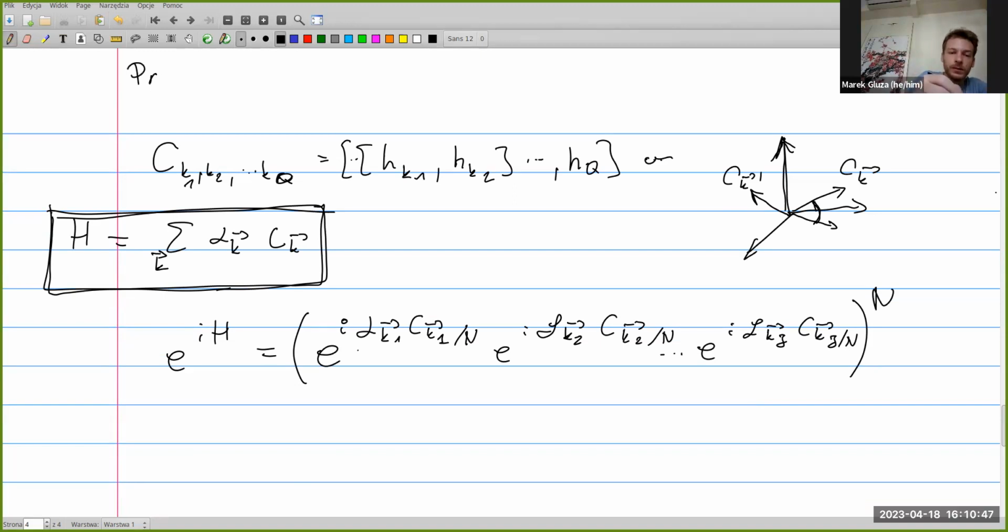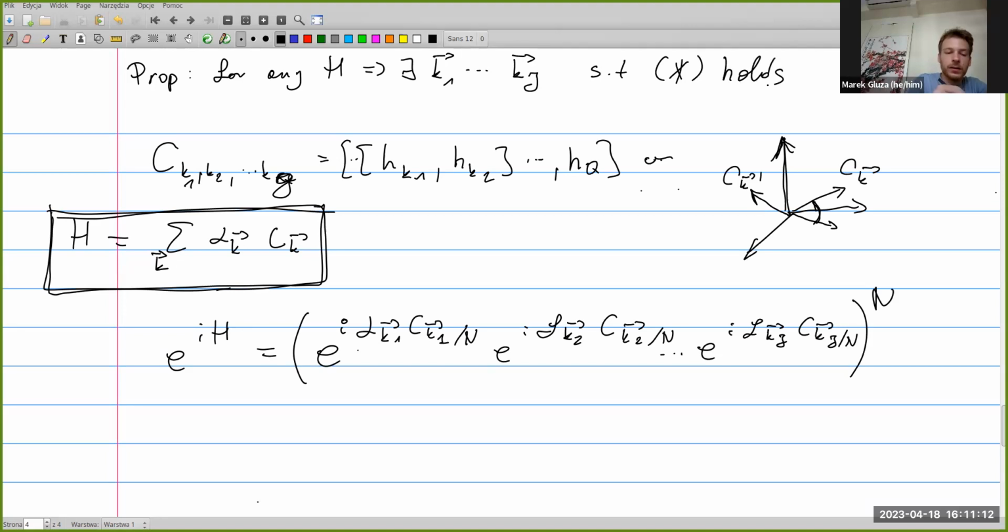We have a proposition: for any H, there exists K1 until K_J, such that star holds. Okay, so this proposition is a linear algebraic argument, and it involves linear independence on a vector space.